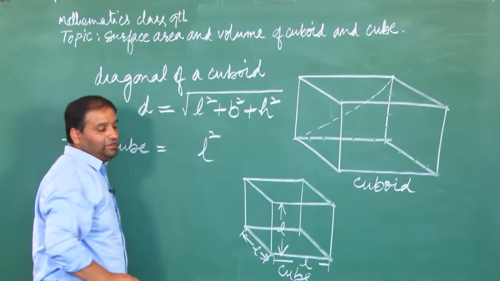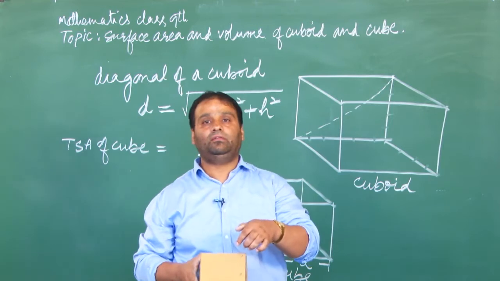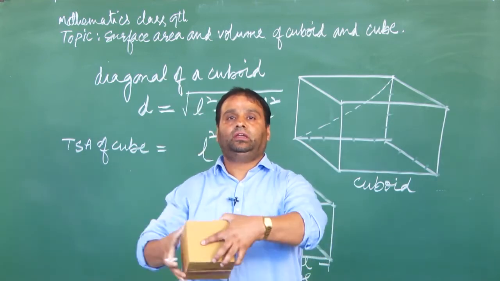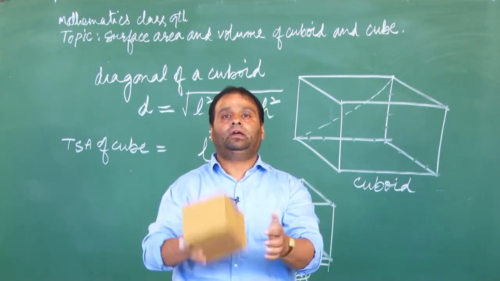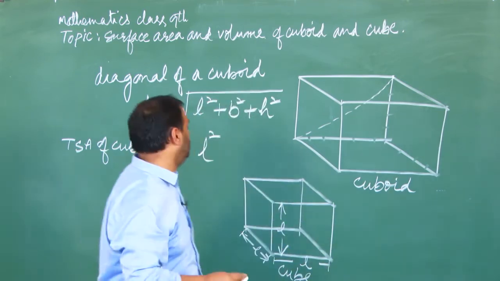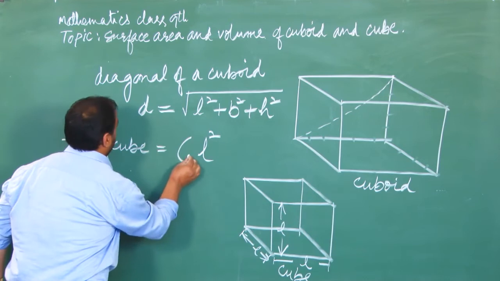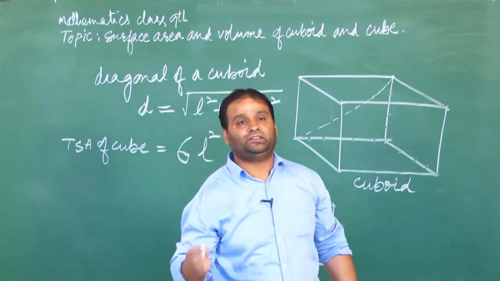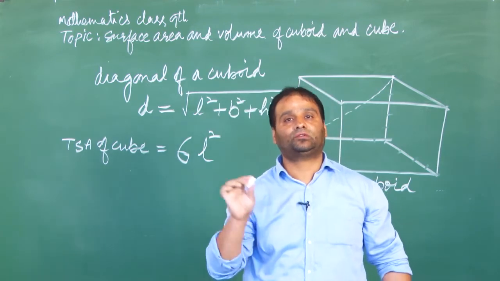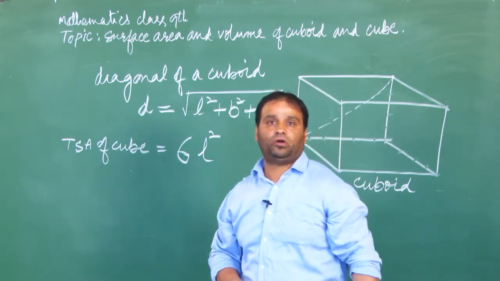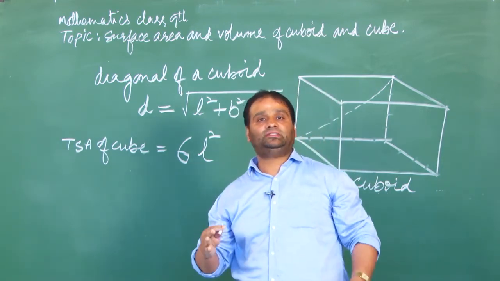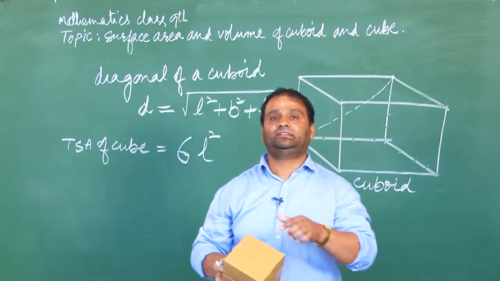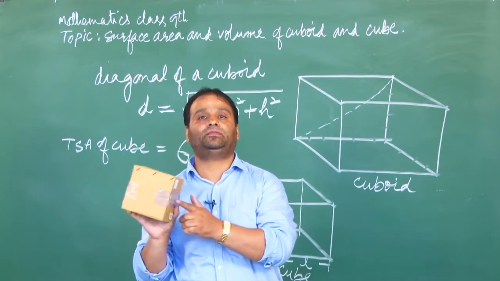And how many surfaces does a cube have? We count that. 1, 2, 3, 4, 5, and 6. So you multiply L square by 6 and you will get the total surface area of the cube. It's 6 edge square. The product of the square of the edge with 6, because the cube has 6 square surfaces.